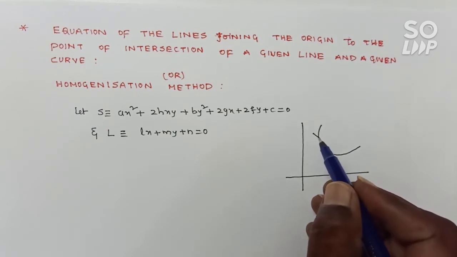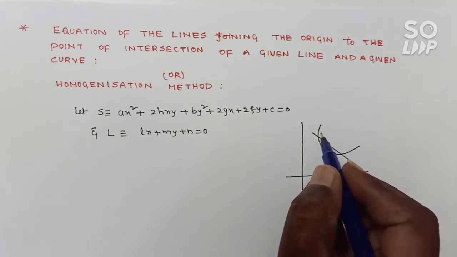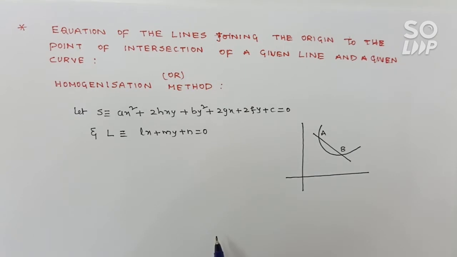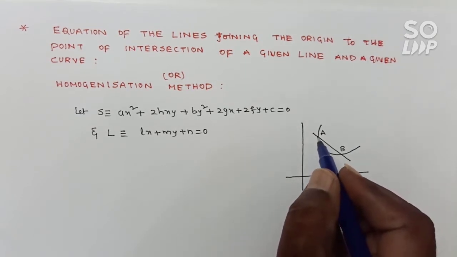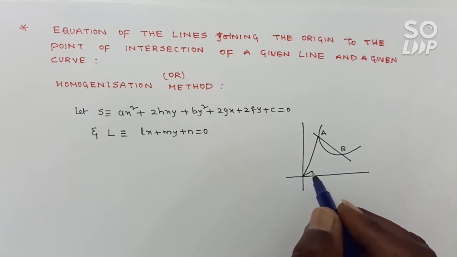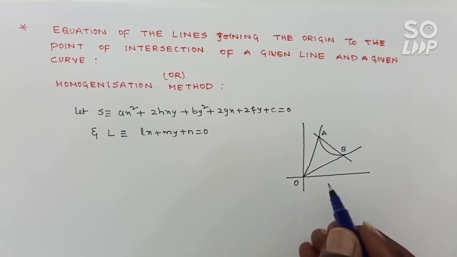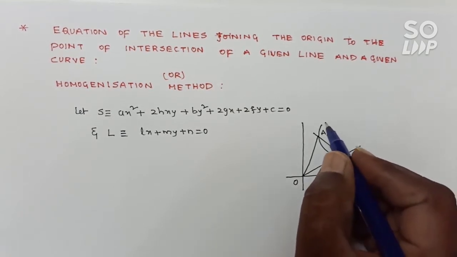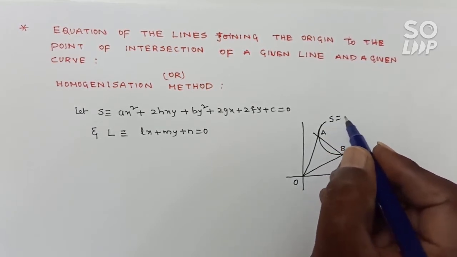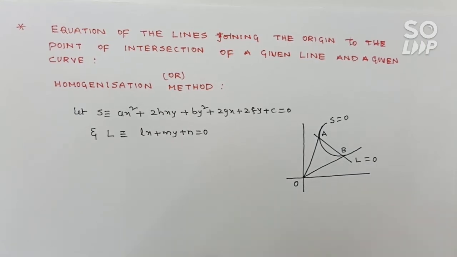Now the given line intersects the curve at the points A and B. We join the points of intersection with the origin. Here this is S = 0 and this one is L = 0.